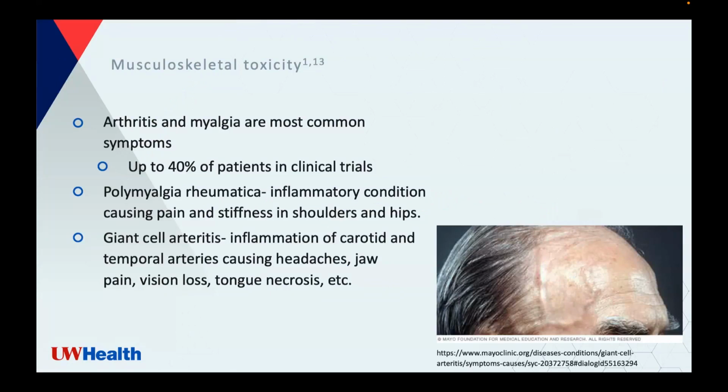It can also present as polymyalgia rheumatica, or PMR, presenting as pain and stiffness in the shoulder and hip joints, and also as giant cell arteritis, or inflammation of the carotid and temporal arteries. You can see in the picture there, the temporal artery is showing through the skin. And this can present with headaches, jaw pain, vision loss, tongue necrosis, and other side effects.